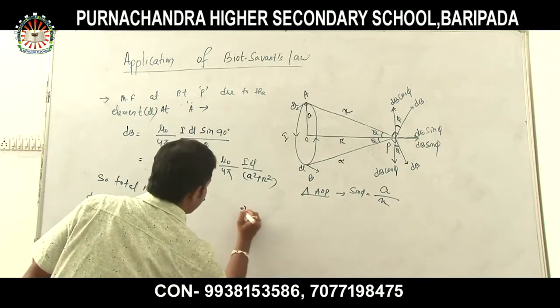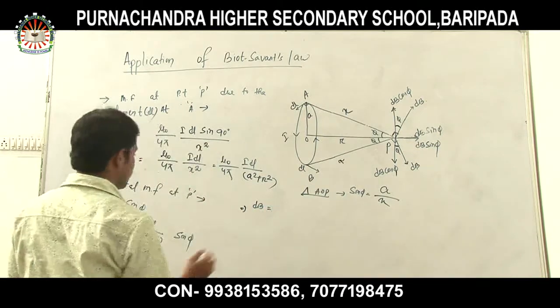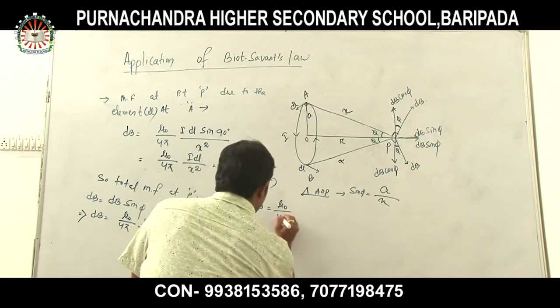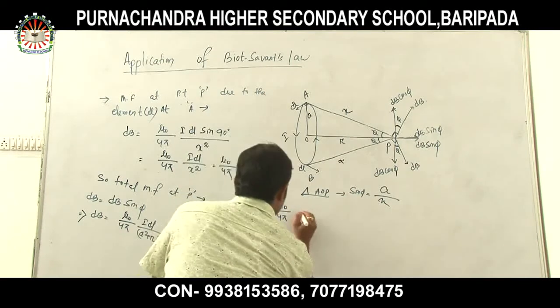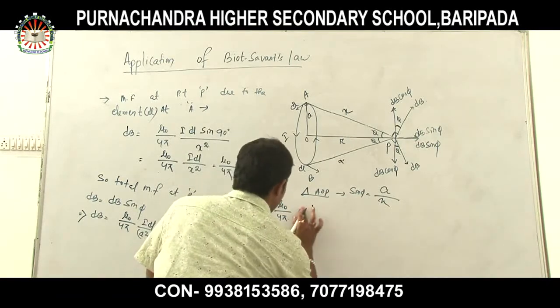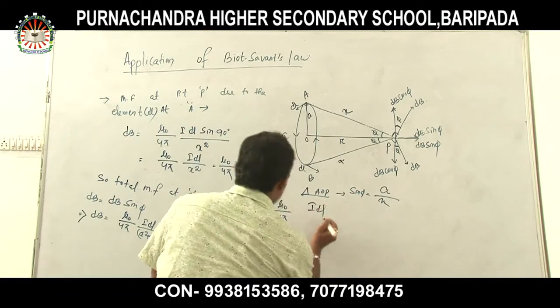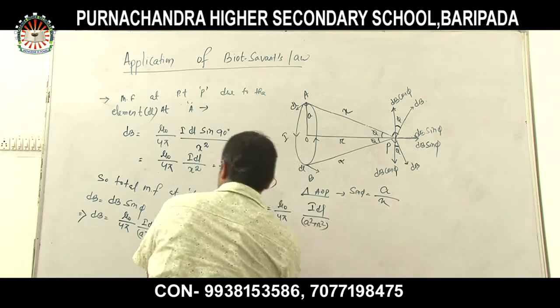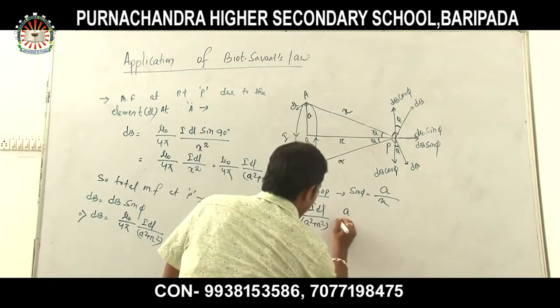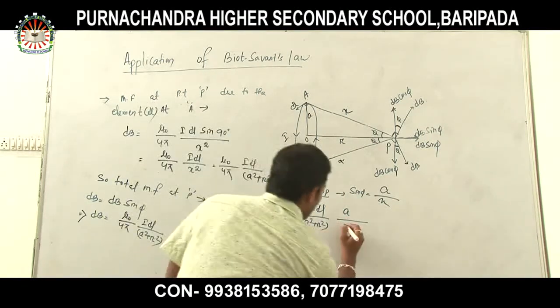So let us put the value here. That implies dB is equal to mu 0 divided by 4 pi, I dl over a square plus r square, times a divided by x.